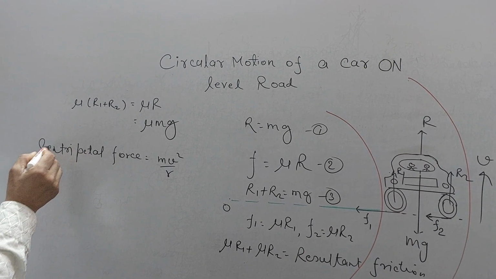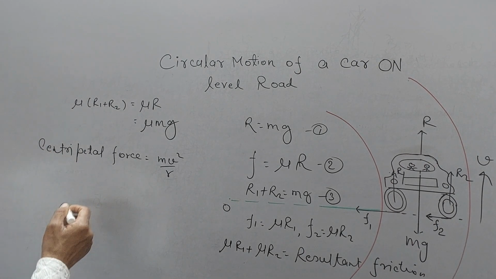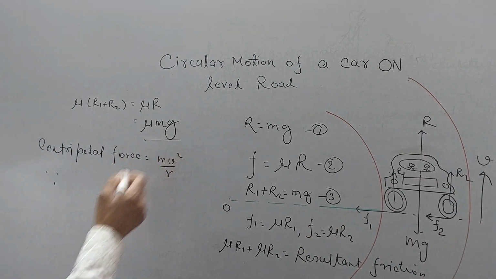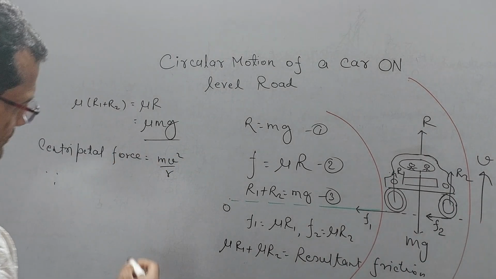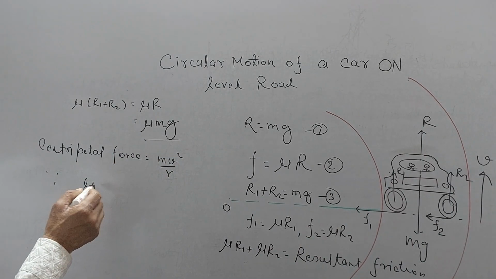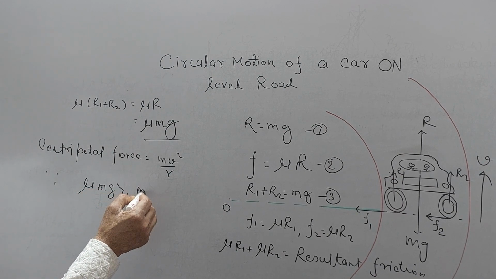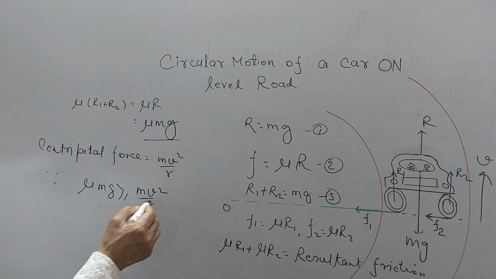Now the vehicle can turn safely only when the resultant friction is greater than or at least equal to this centripetal force. So the equation becomes this.